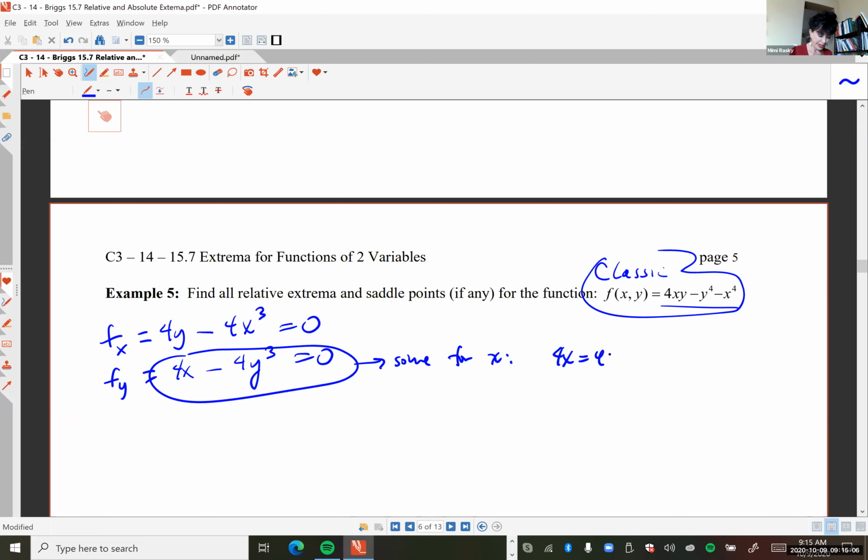So what is my x going to equal? That's going to equal y cubed. Good. So then substitute this into the other partial that we didn't use. That would be fx. So if x is equal to y cubed, then I'm going to go like this.